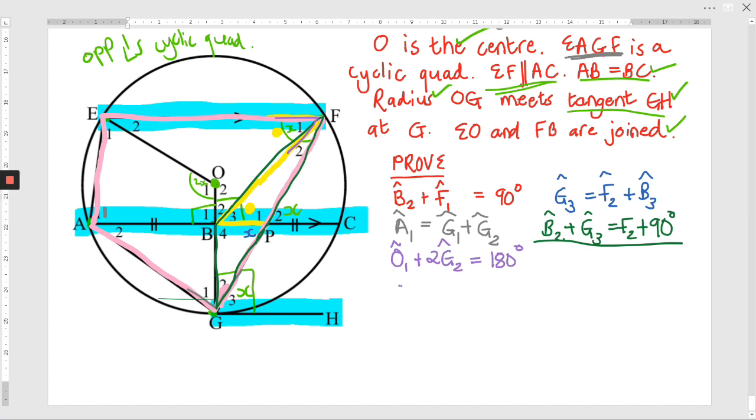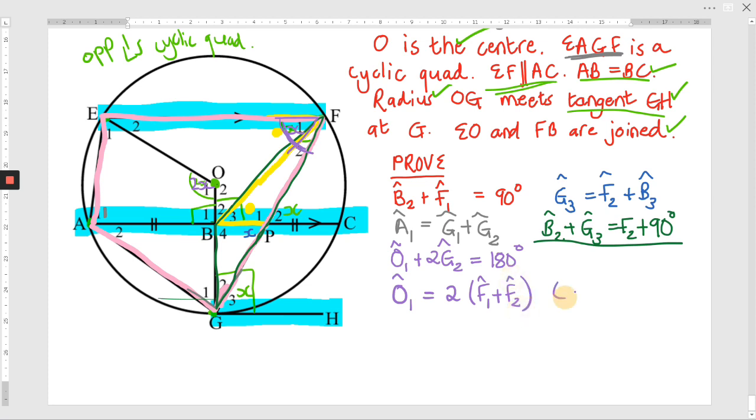Let's look at what else O1 is. O1 equals, I did something here. I had the 2x in the center, and then I had the x here, and the x was F1 and F2 together, right? Okay, so O1 equaled twice, and let me just keep the numbers of the letters as they called them, the F1 plus F2.